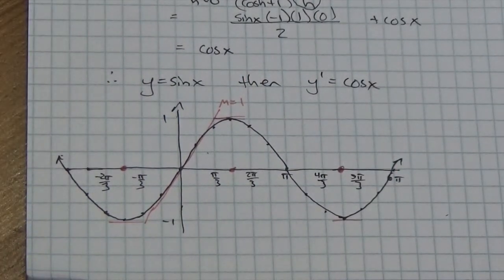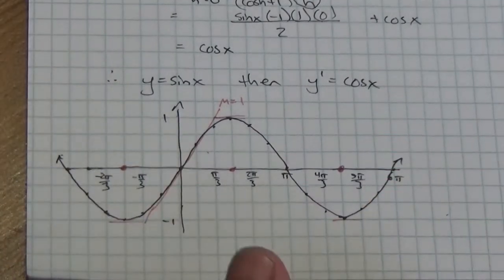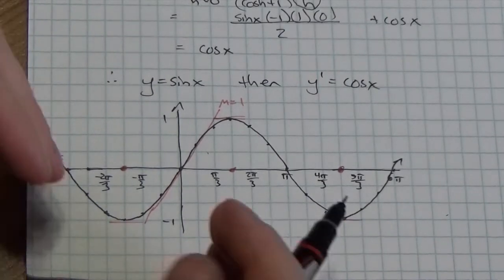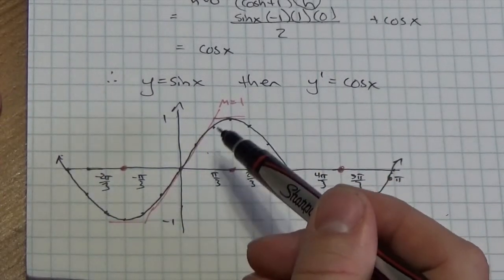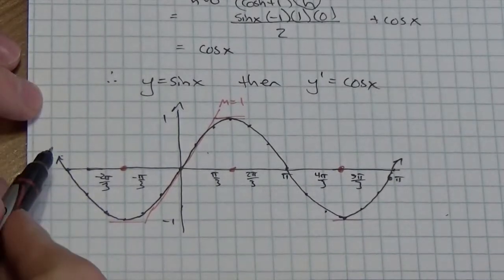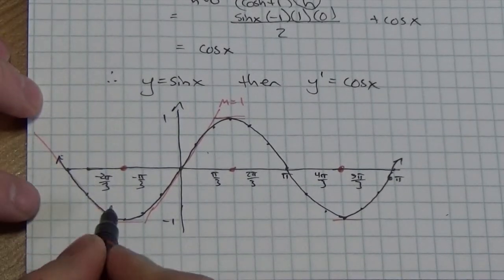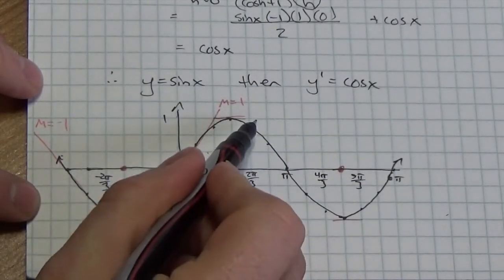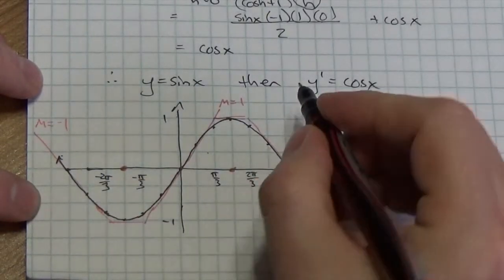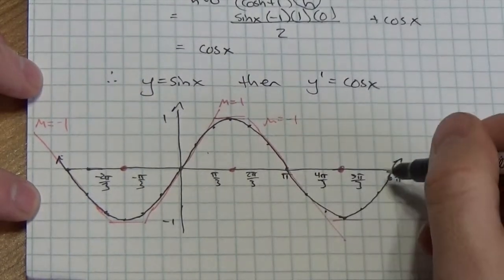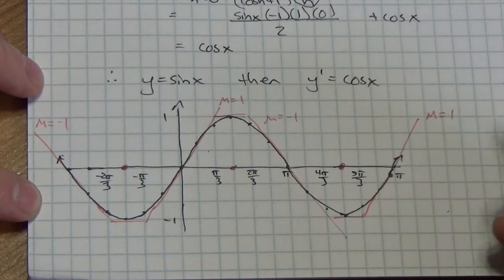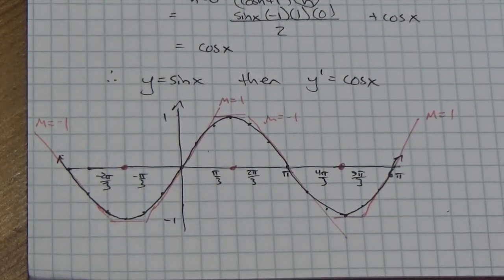That's not quite clear from my graph, but if I had this plotted by a computer, and it was scaled properly, you would see that the slope of that tangent line there is just going to be 1. The slope of this tangent line right here is going to be -1. The slope of this tangent line right here is also going to be -1. And the slope of this tangent line right there is going to be equal to +1. That would be very clear if we had a really good graph.